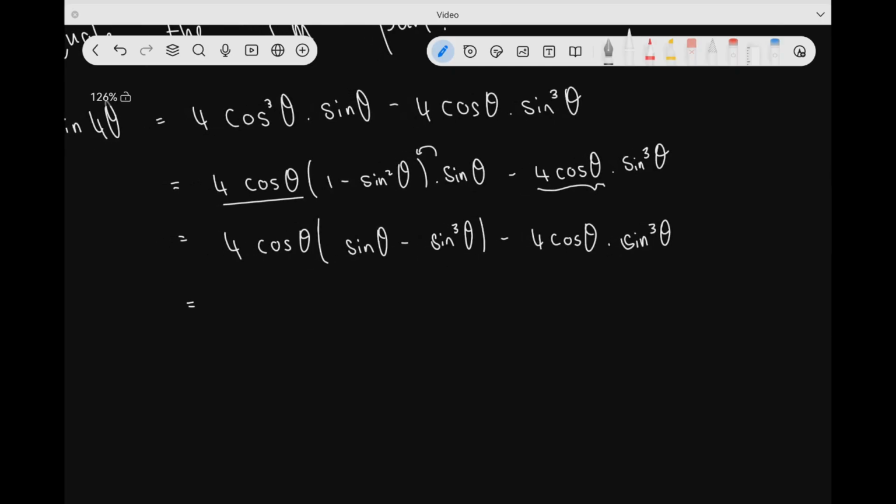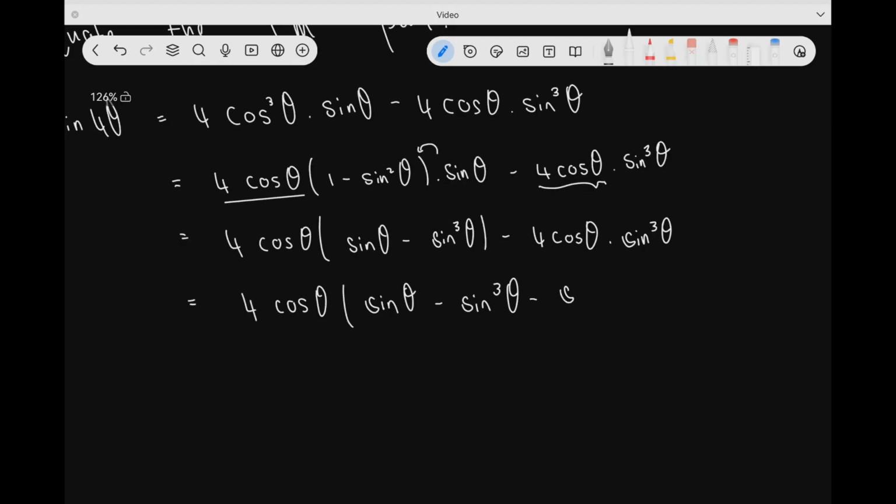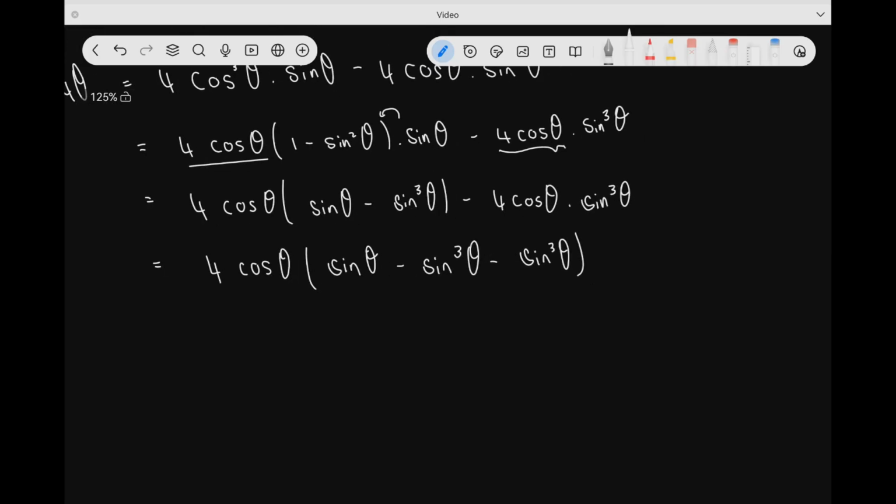Next, I will factorize a 4. I'm going to factorize these two, that and this one. I'll factorize both of it. So we get 4 cosine theta sine theta minus sine cube theta, and then we will be left with minus 1 minus sine cube theta.